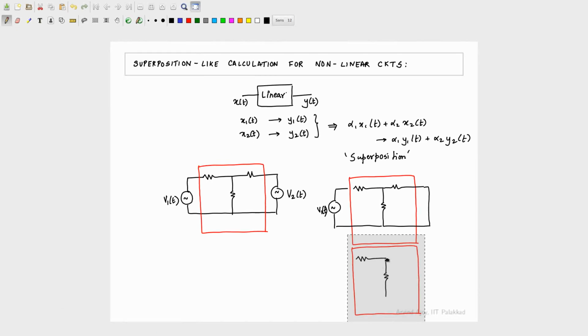And then I'll have another situation, the other situation, which is I kill V1 of t and then I have my V2 of t. I can find all the currents and everything, and just add these 2 results.